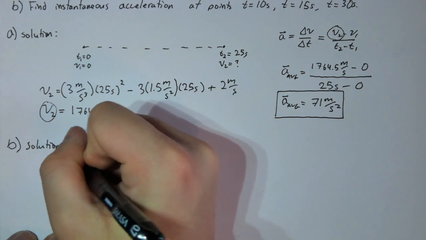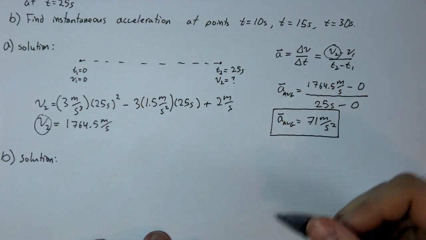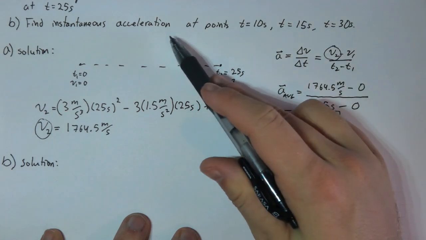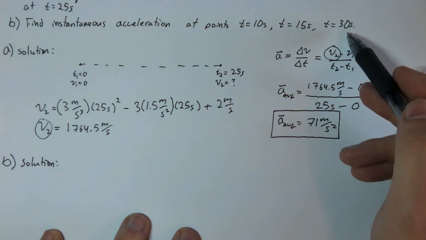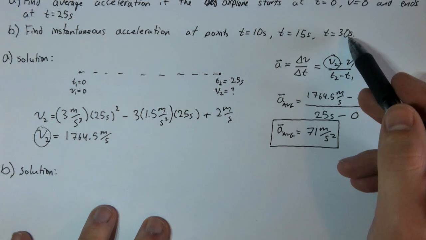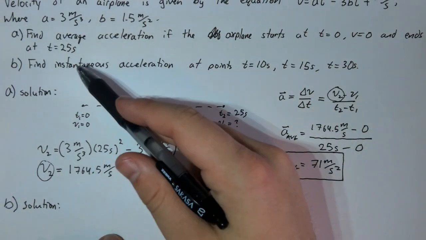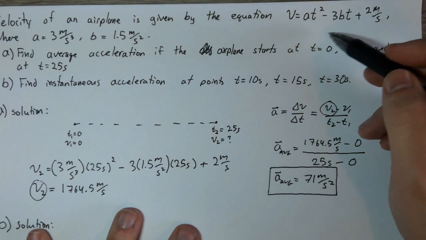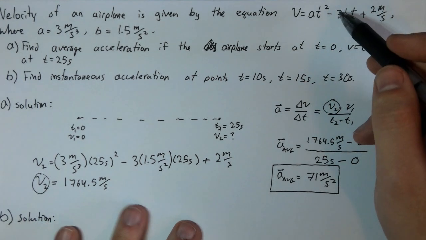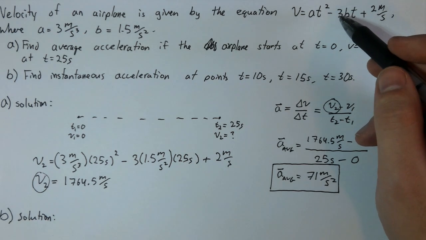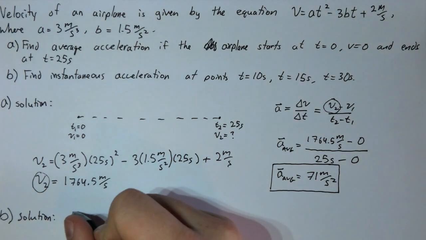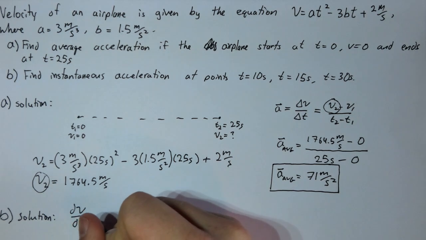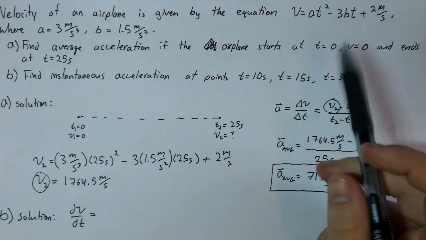So B, we are tasked with finding the instantaneous acceleration at each of these points, which means when you hear the word instantaneous, you know you're going to have to find the derivative of your equation. So let's find the derivative of the velocity equation. So the derivative, we can just use our power rule.